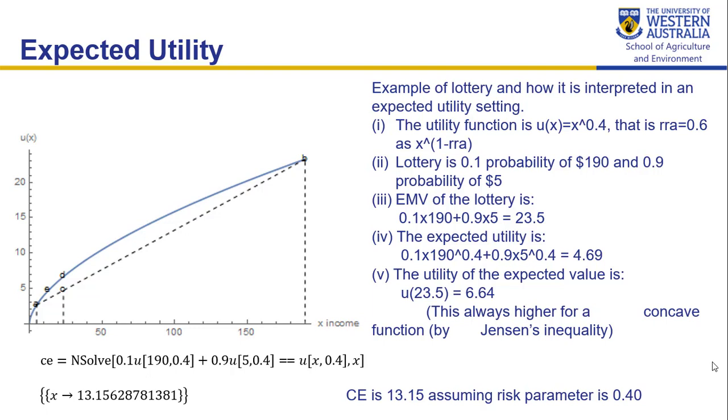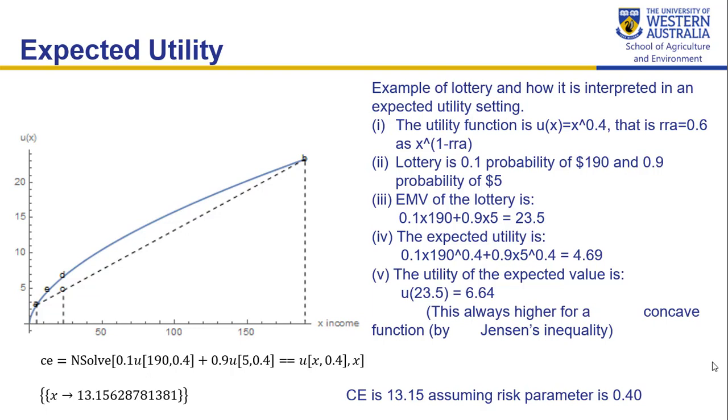For example, this is a mathematical code where we are solving for a value of x, which is the level of outcome, where in the first instance we have 0.1, which is the 10% probability, times the utility from 190, to the power 0.4, which is our 1 minus RRA, our risk attitude.